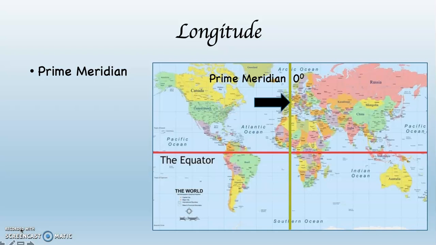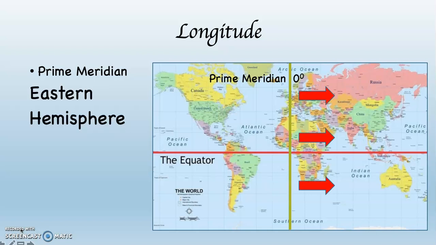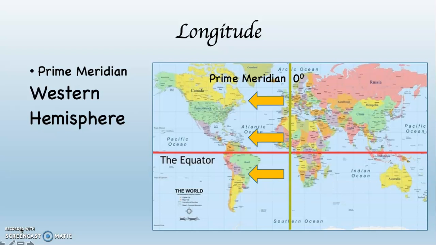So this is where we start counting. 0, 1, 2, 3, 4, and so on until we reach 180. And again, the red arrows are indicating that everything east of the prime meridian is in the eastern hemisphere. And then the bronze arrows are indicating that everything west of the prime meridian would be in the western hemisphere. So you can already probably see what's happening. Every place on Earth has to be in at least 2 hemispheres.